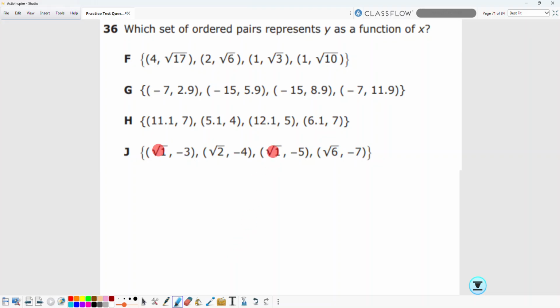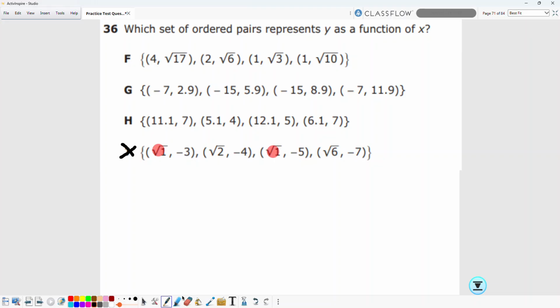There's a square root of 1. But if you notice, here we have a -3, and there's a -5. So for the x value square root of 1, there are two y values. So J is not right.